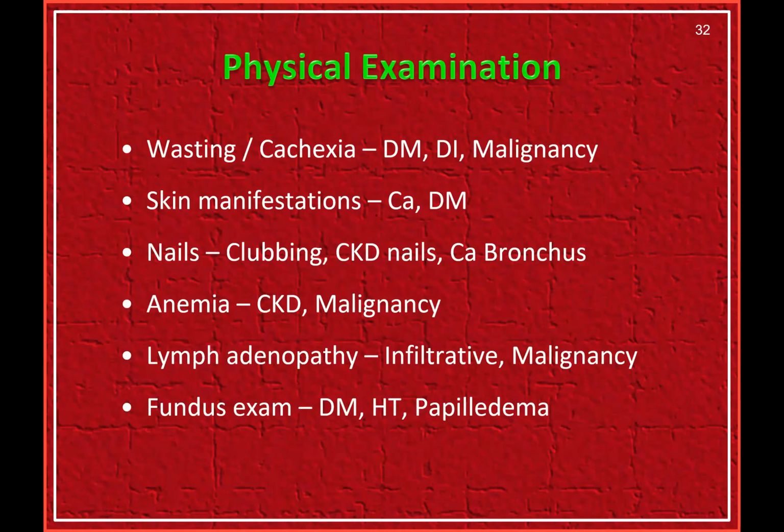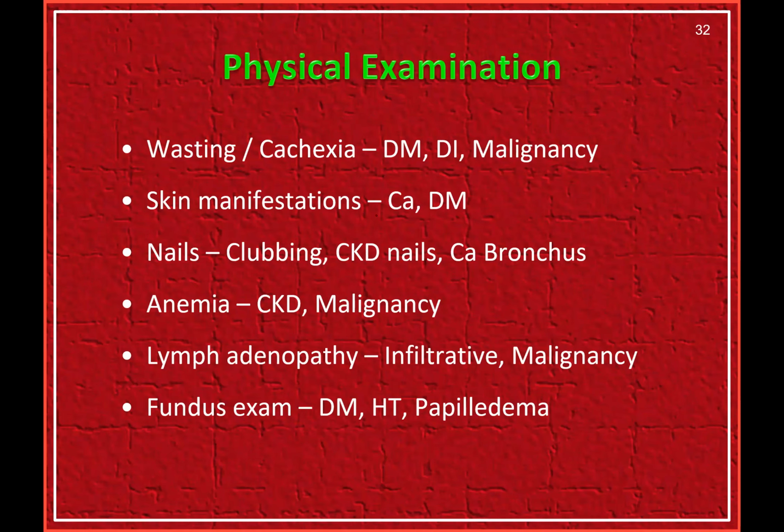Now, how do I go about examining the patient? In the physical examination, I have to look at wasting and cachexia in case of malignancy, diabetes insipidus and diabetes mellitus; skin manifestations in cases of cancers and diabetes mellitus; nail changes in chronic diseases, clubbing, CKD nails, carcinoma bronchus. Anemia again is a feature of CKD and malignancy. Lymphadenopathy, infiltrative and malignant disorders.